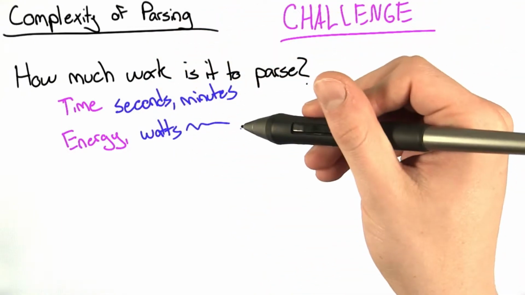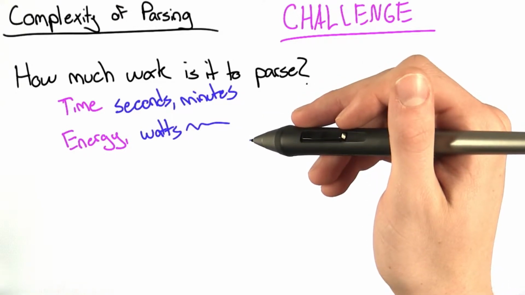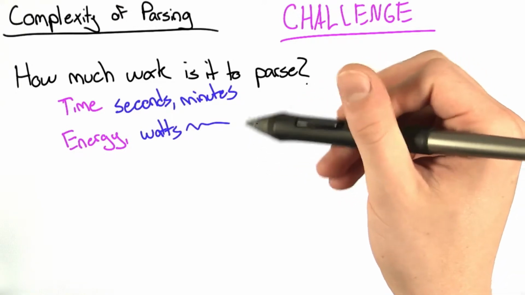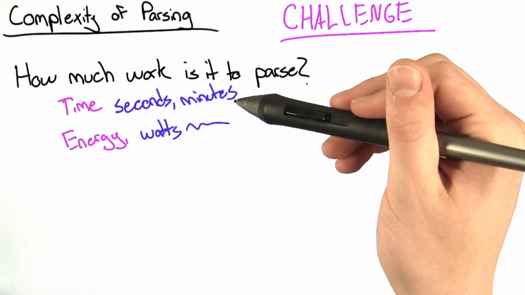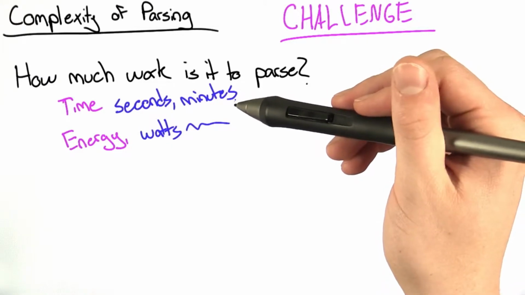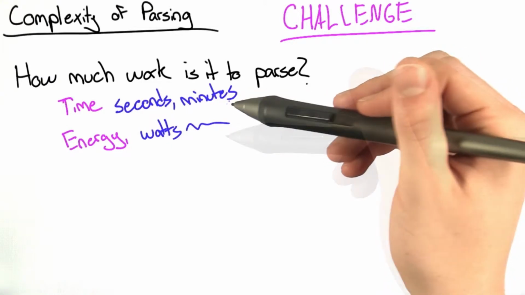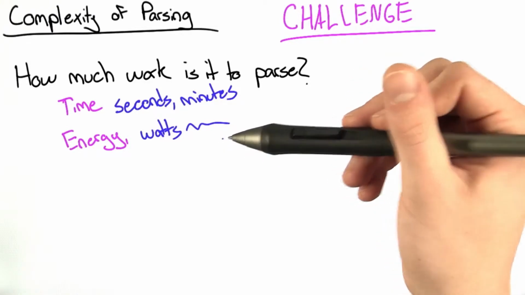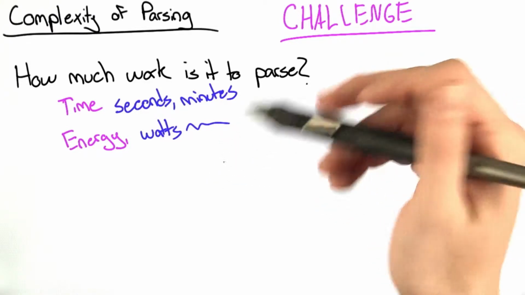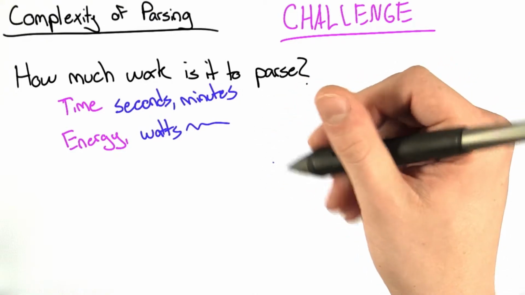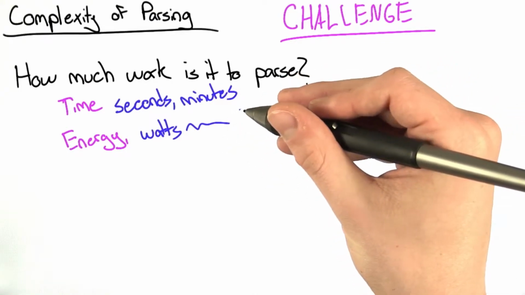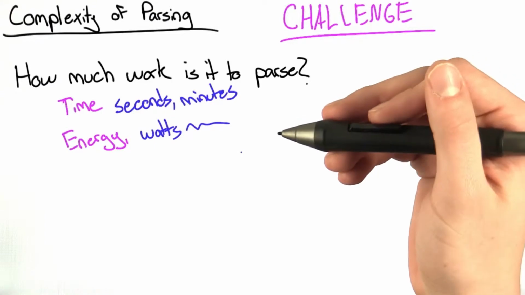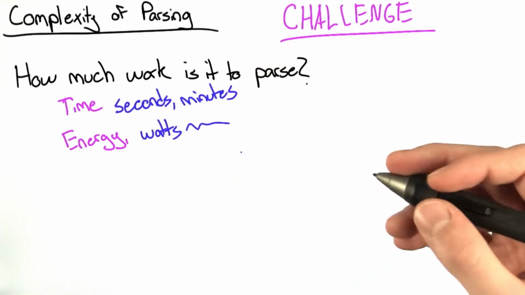There's something wrong with each of these forms of measurement, and that is it doesn't really get at the algorithm. If I buy a faster computer, does that mean my parser is better? No. If I build a more energy efficient phone, does that mean the parser is better? Not really. So measuring in such units would imply that our algorithms get better over time, as the hardware does.